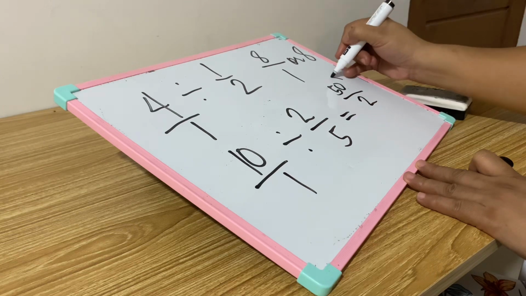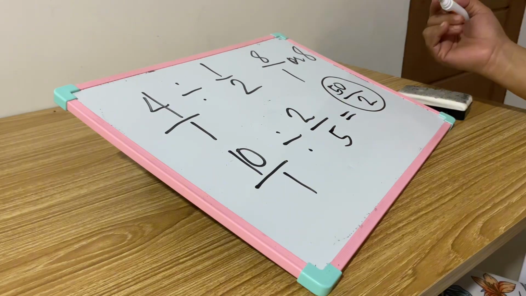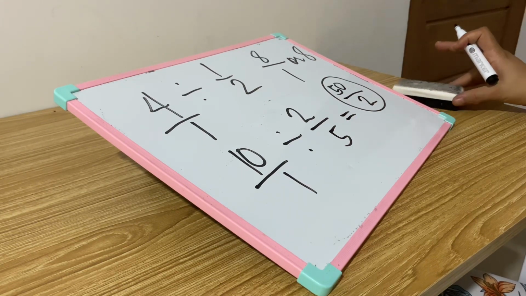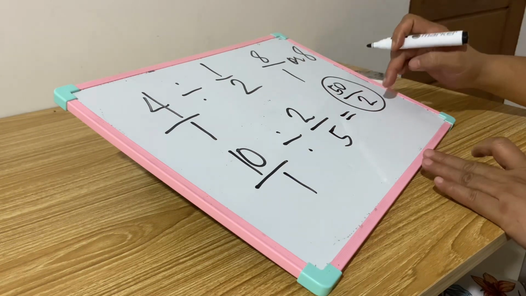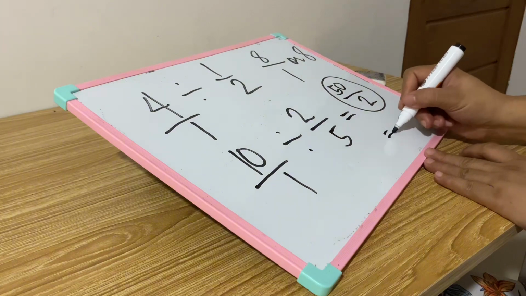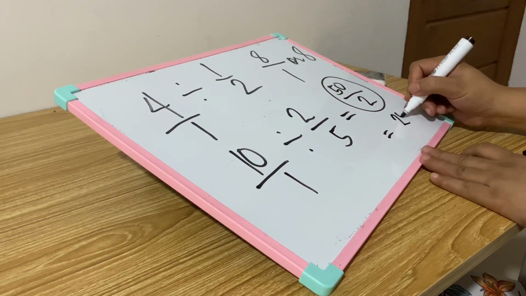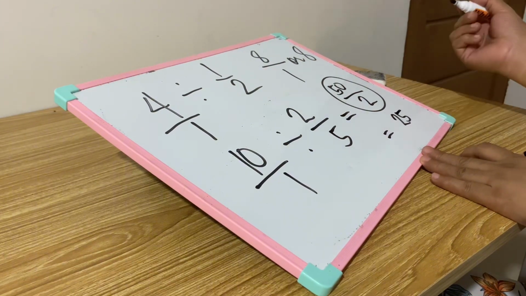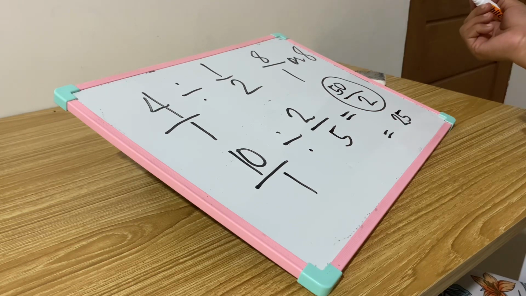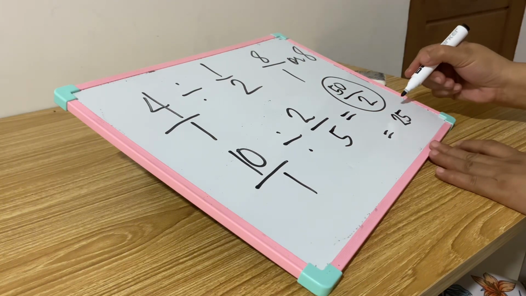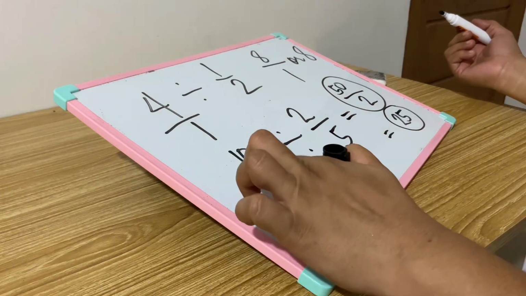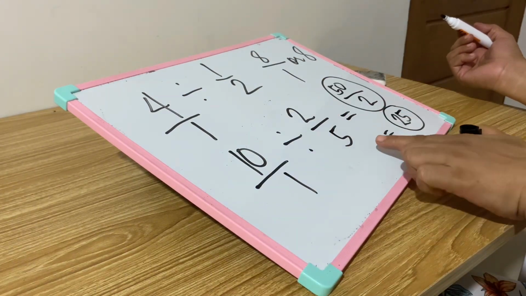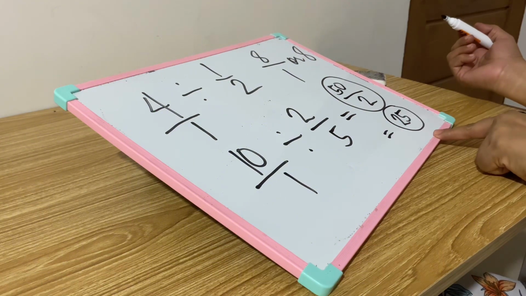So, again, it is an improper fraction, and to simplify it, we will divide. 50 divided by 2 equals 25. So, it doesn't have any fraction, because our answer is the whole number 25. So, 10 divided by 2 fifths, the answer is 25.